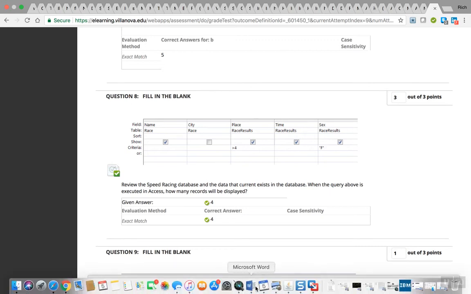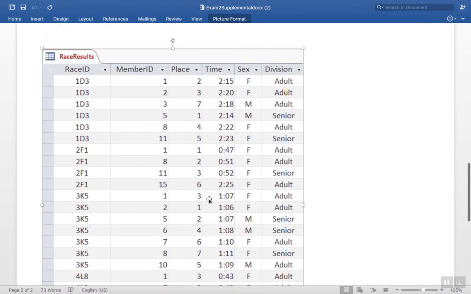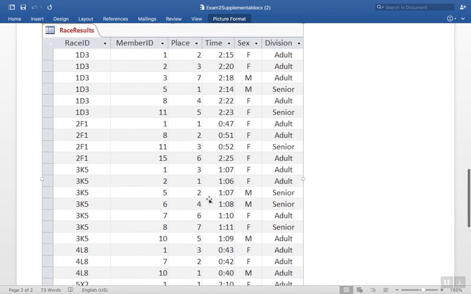If we look at our race results table, basically we go through anything that is a female.